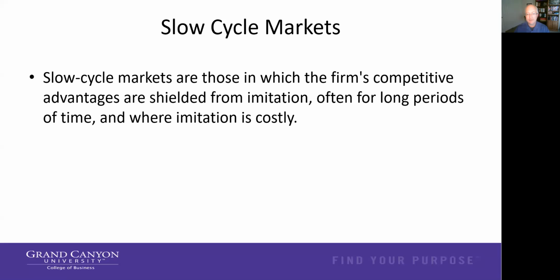Once a proprietary advantage is developed, the firm's competitive behavior in a slow cycle market is oriented towards protecting, maintaining, and extending that advantage. So what are some examples of slow cycle markets?